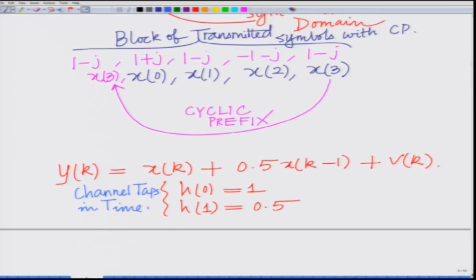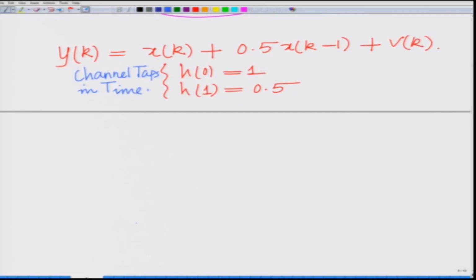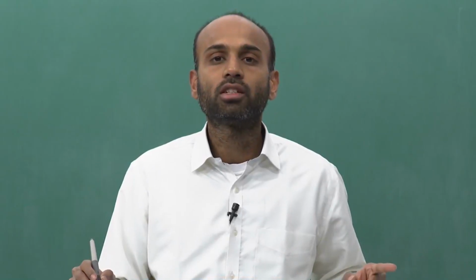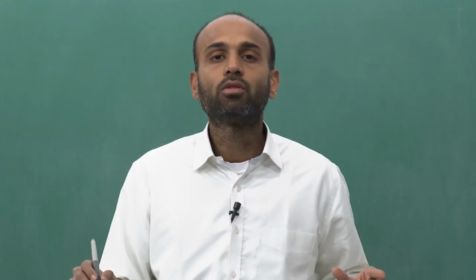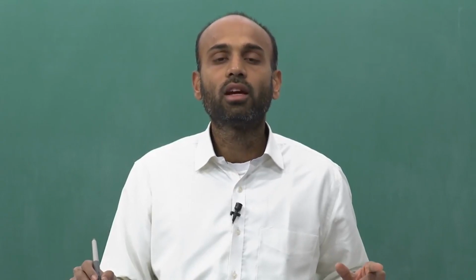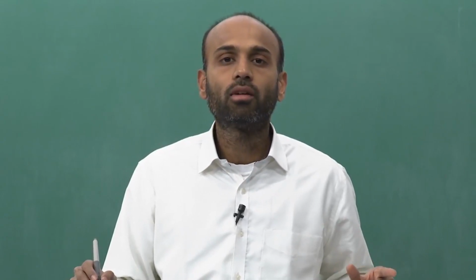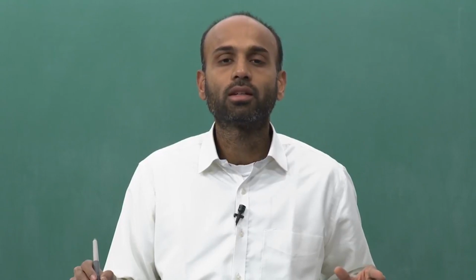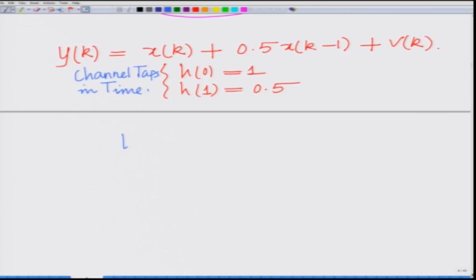Once you transmit the cyclic prefix added block of symbols in the time domain, what you get is the circular convolution of the channel with the transmitted symbols. So, in time we have y equals h circularly convolved with x plus v.